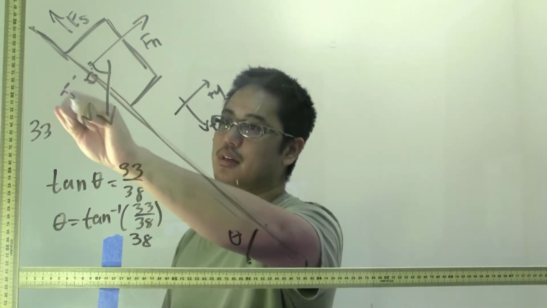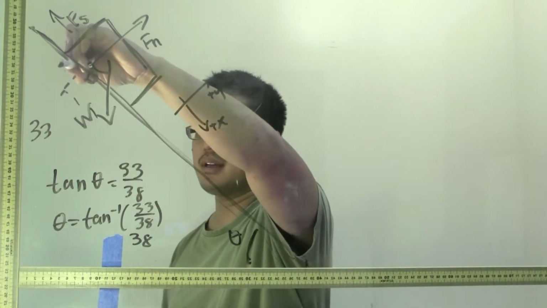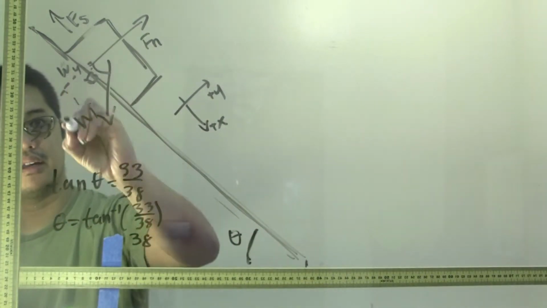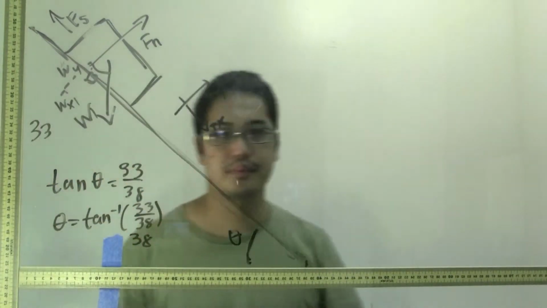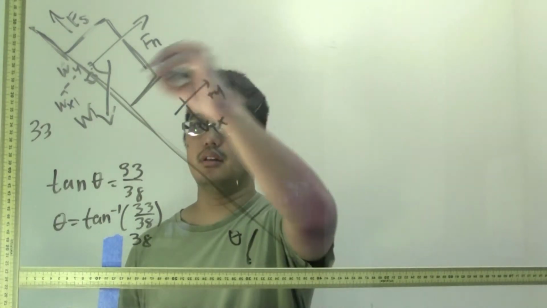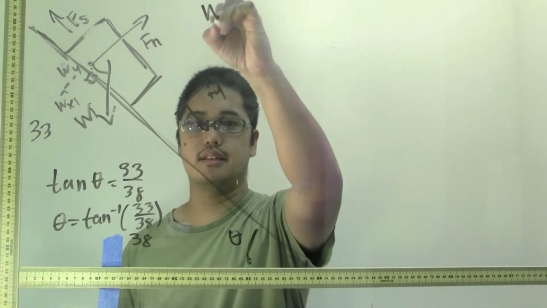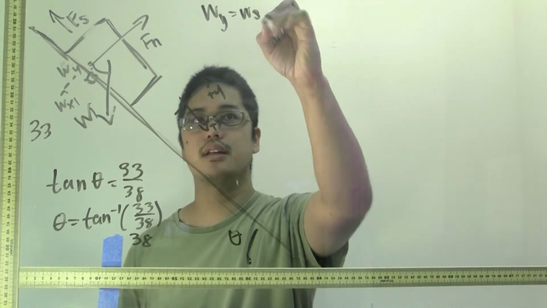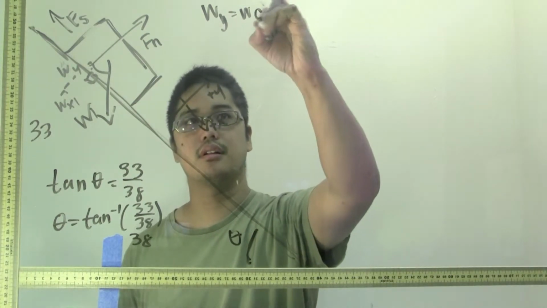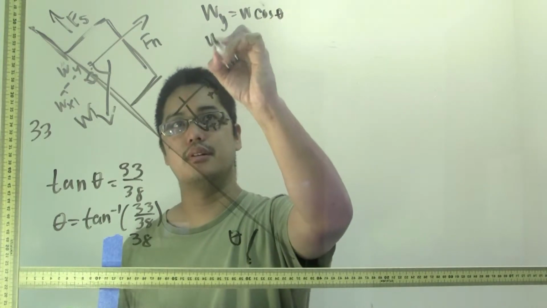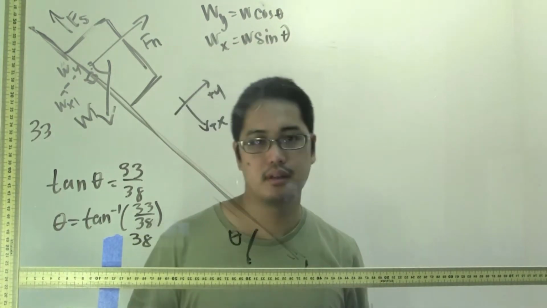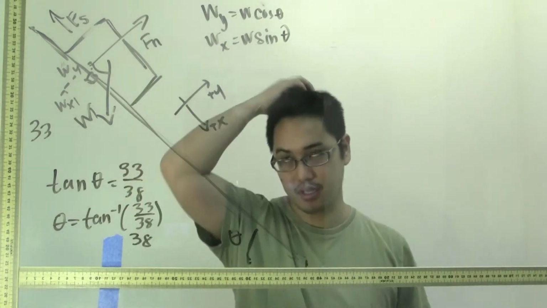This right here would be my wy, sorry, here's my wx. Looking at that, wy is equal to w cosine theta. This wx is equal to w sine theta. That's just some information putting on the side over there.